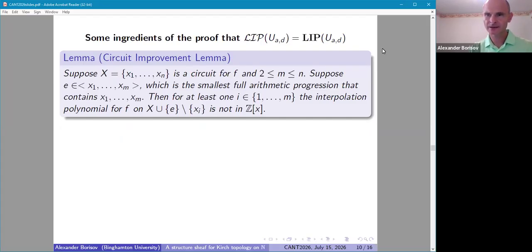If x1 through xn is a circuit, and we choose the first m of these elements, and if we have E in what I call the convex arithmetic closure, which really is the smallest full arithmetic progression that contains x1 through xm, and E also has to be in the domain of f, then we can replace one of these xi's with E, and on the resulting set, the interpolation polynomial is still not in Z of x. Now, if you start with a circuit, you might not end up with a circuit, but if you start with a circuit of the smallest possible size, you will get a circuit.